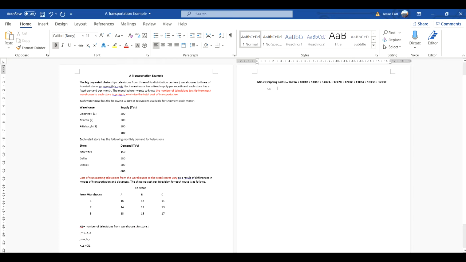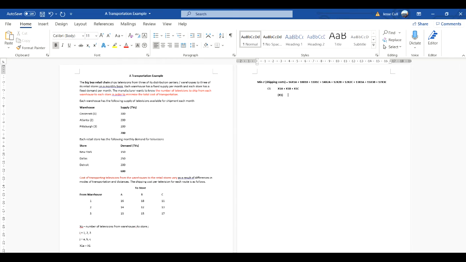Well, they have 300 available. So X1A plus X1B plus X1C. And this is kind of cheating. I don't want to do this, but hopefully it's a little more clear.